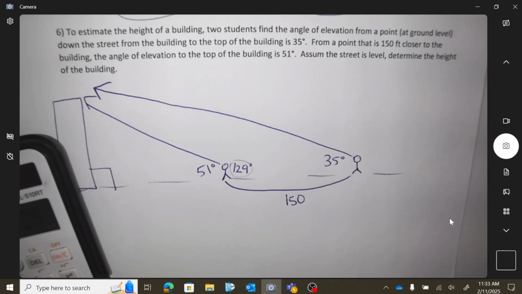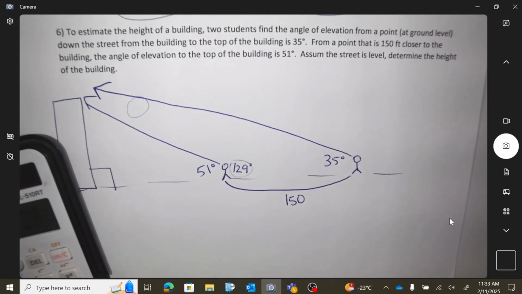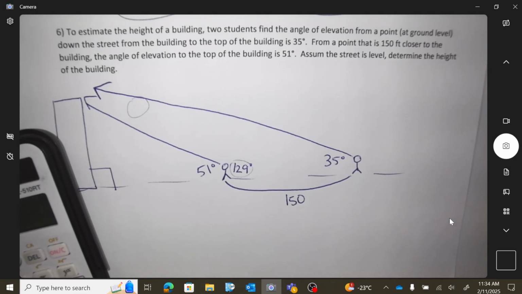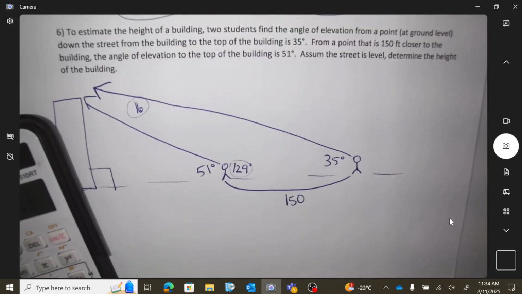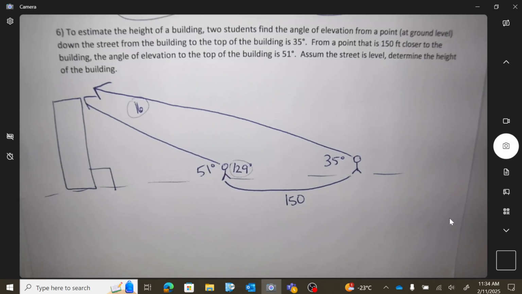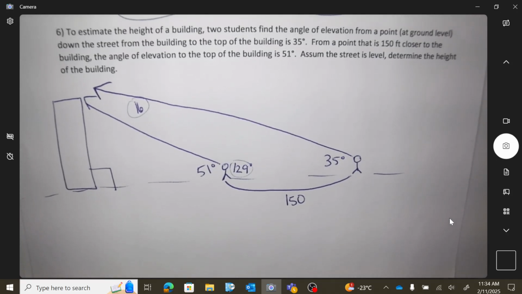Supplementary. Step 2, 180 triangle. Step 3, make a pair.